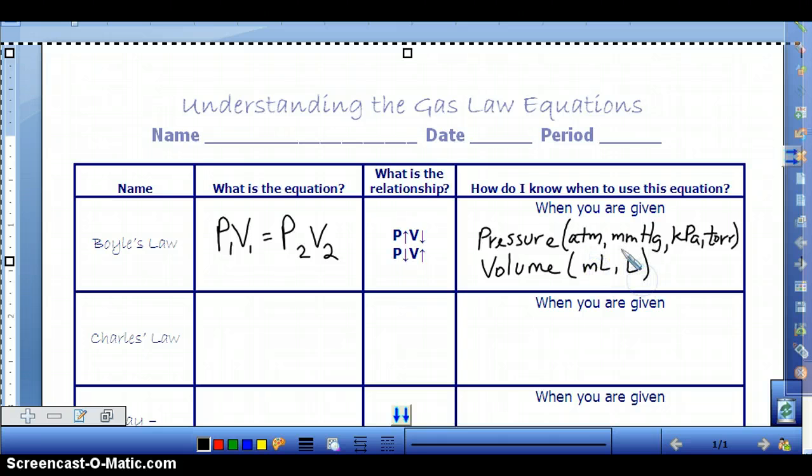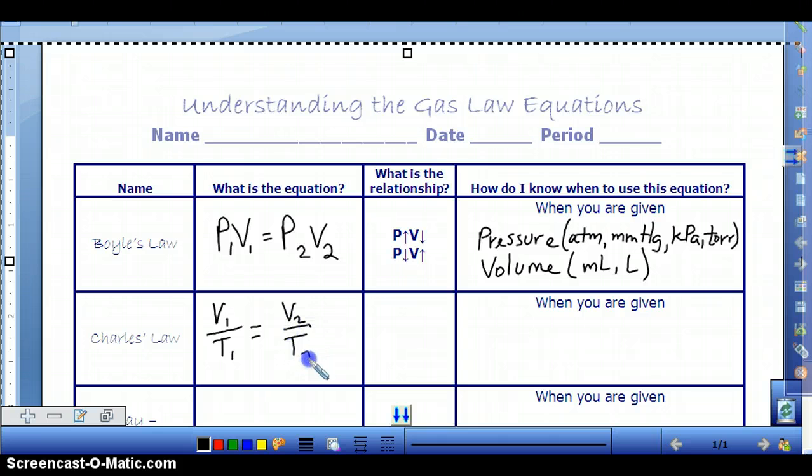All right, let's go on to Charles' law. Charles' law involves volume and temperature, and everything else stays constant. You'll notice that this equation looks different. With Boyle, the pressure and the volume are multiplied together, and with Charles, they actually have a fraction bar. So you have V1 over T1 equals V2 over T2.